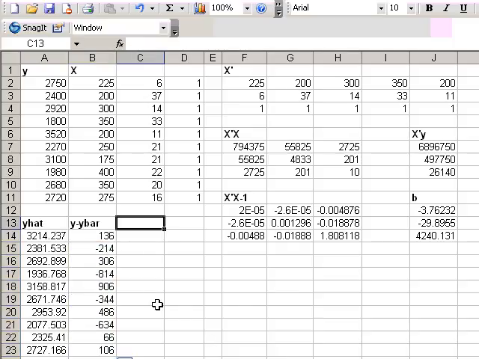Next we'll calculate y hat minus y bar, the predicted values of y minus the mean.